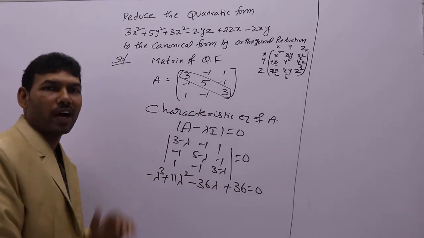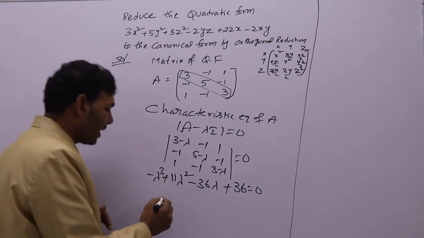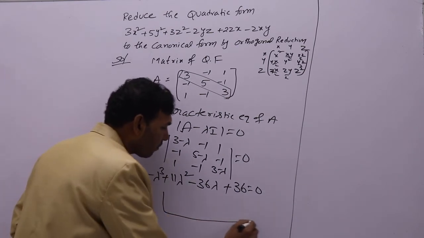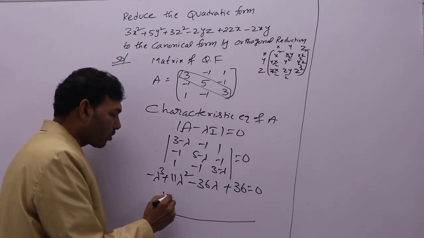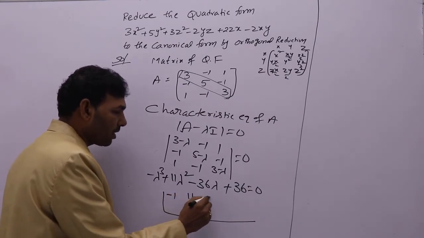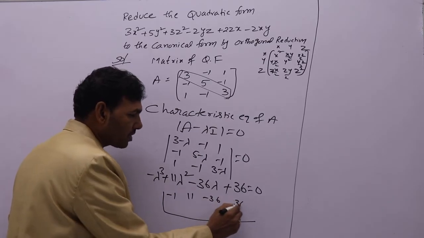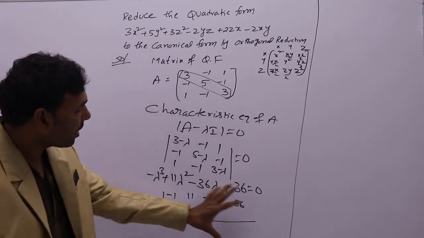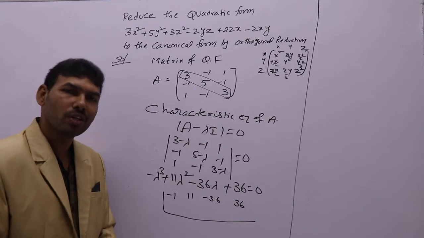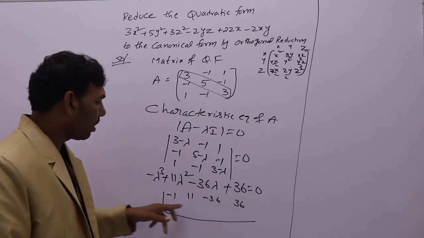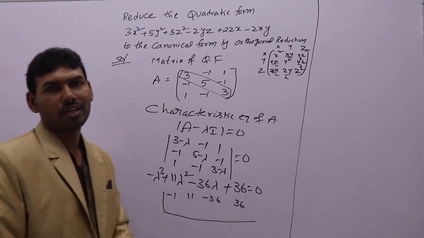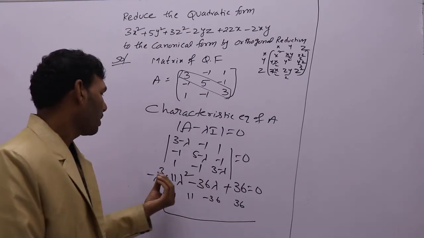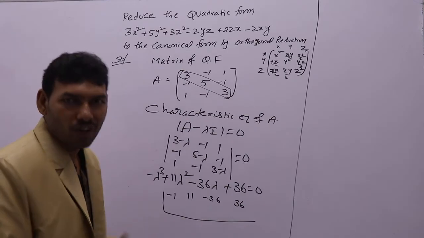Next we need to find the lambda values. For that we are taking help of synthetic division. Here you need to write the coefficients minus 1, 11, minus 36, plus 36. If you add all these coefficients and get 0, then 1 is a factor. But if you add all the coefficients, you cannot get 0, so 1 is not a factor.